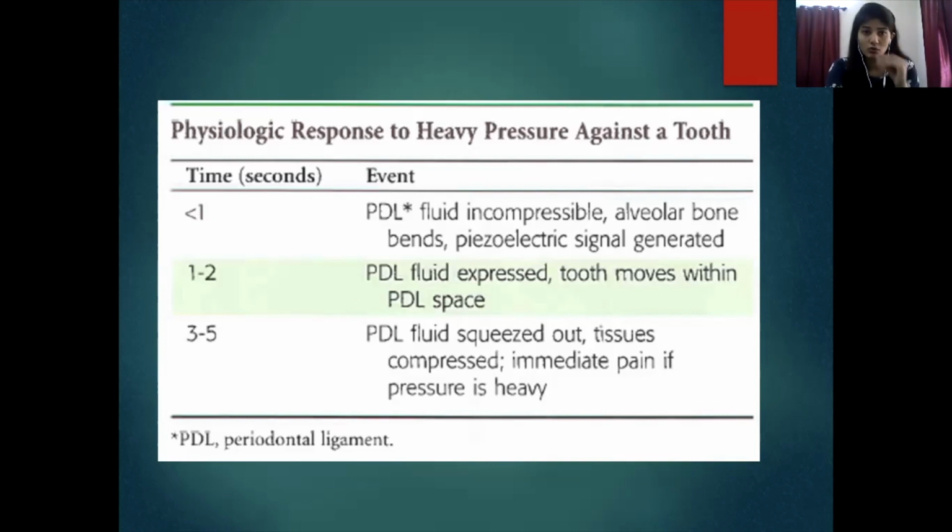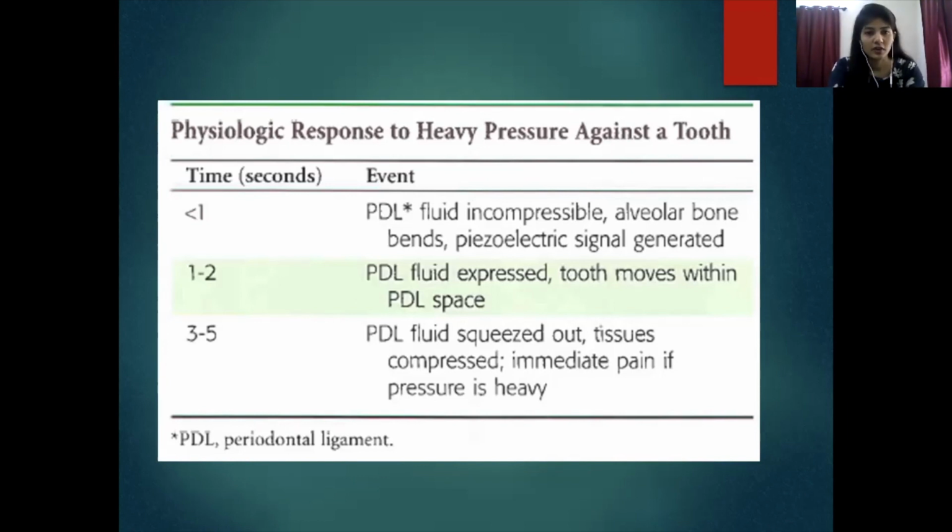If it is for 1 to 2 seconds, in the PDL the fluid is going to be expressed. In the first case there was no action on the fluid, but in the second case, when the force is applied for a longer time, the fluid is expressed and the tooth moves within the PDL space. So it is not the quantity of force but a particular time period for which enough force acts on the tooth that is responsible for tooth movement.